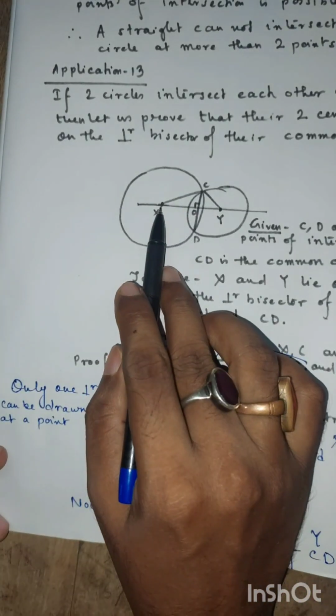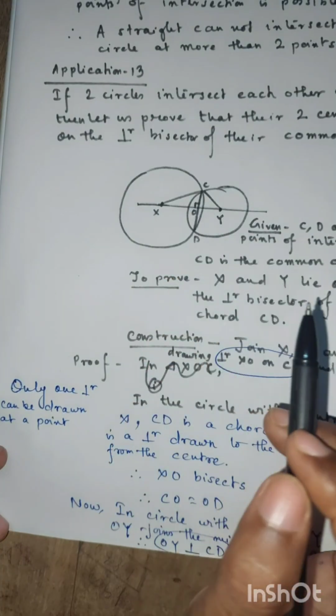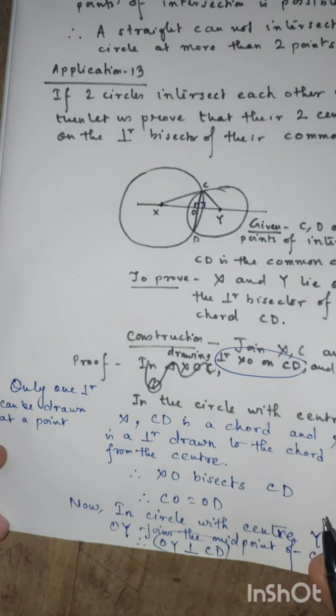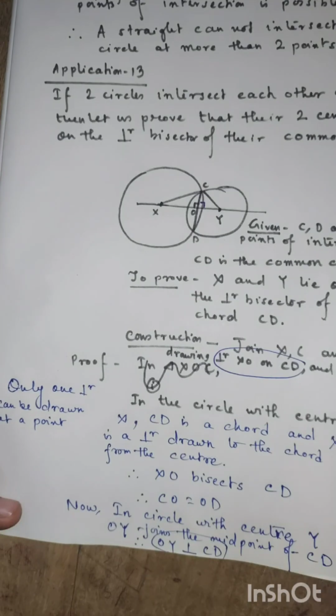Okay, so this is a perpendicular to O and this is also perpendicular to O. Okay, only one perpendicular can be drawn at a point.